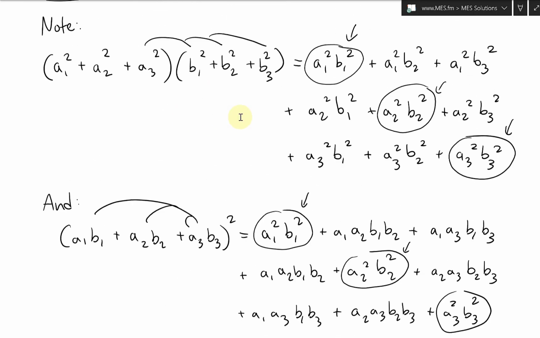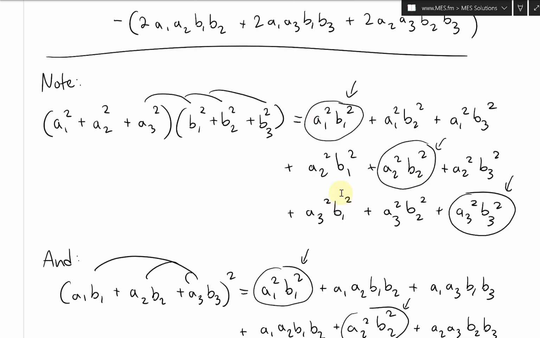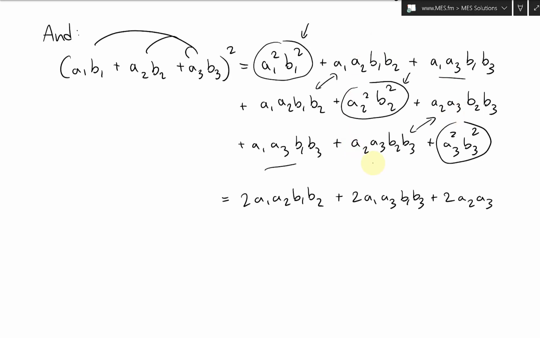So in other words, all these terms are inside here except these ones, and these ones actually can cancel. But let's just add these up. This adds up with this, and this with this. So this equals 2 a1 a2 b1 b2, plus this one right here, 2 a1 a3 b1 b3, plus 2 a2 a3 b2 b3.